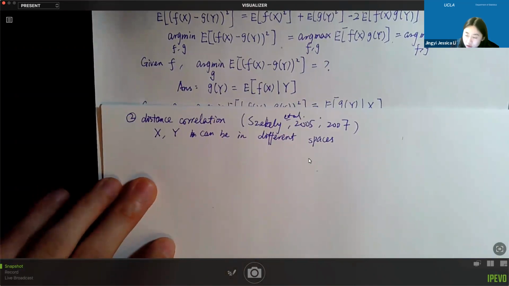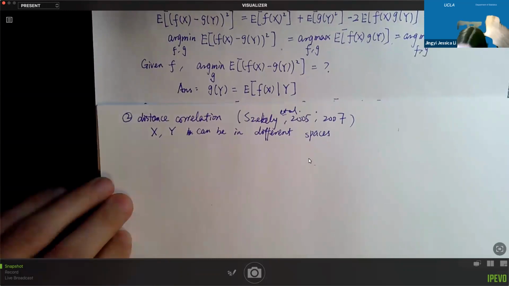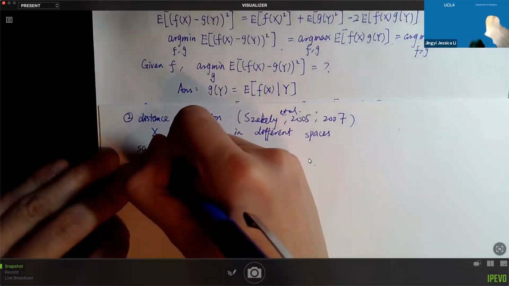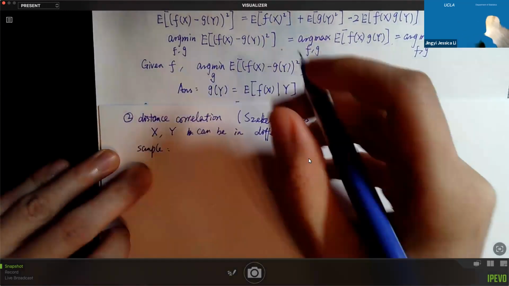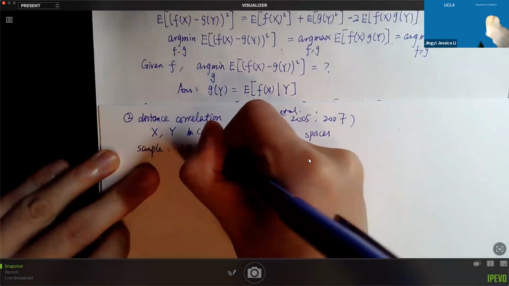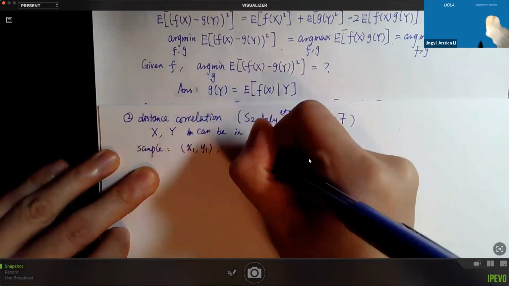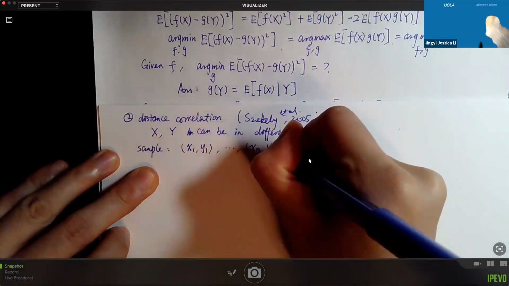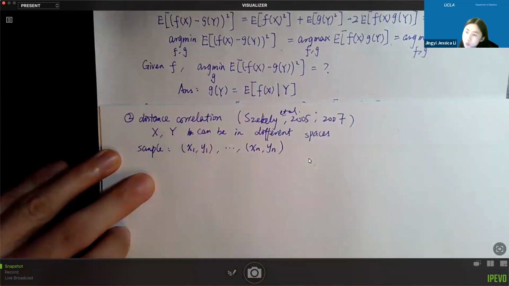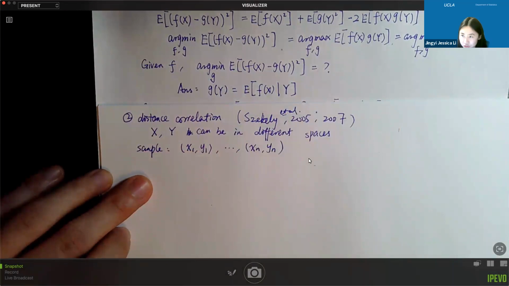Their dimensions don't need to be matched. But still, your sample will always have pairs. So your sample is still written as x1, y1 to xn, yn. The pair information is always needed if you want to talk about a relationship between two random things.